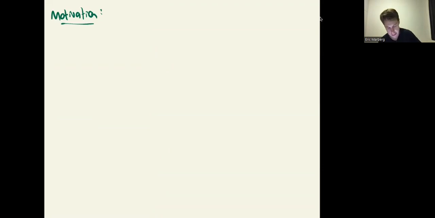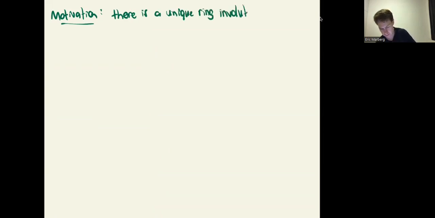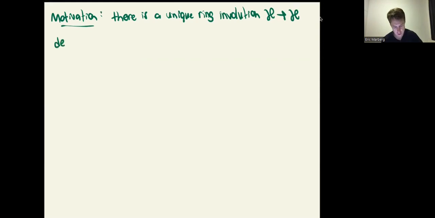So there is a unique ring involution on this Hecke algebra H. And I'm going to denote this as just an element H goes to H bar, satisfying two properties.